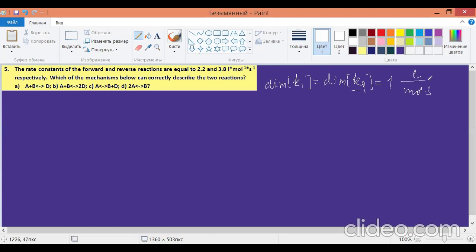And because of this, we can infer that it is the second order of the reaction. And it means that it is second order for both forward and reverse reactions. Not only the forward or not only the reverse reaction.